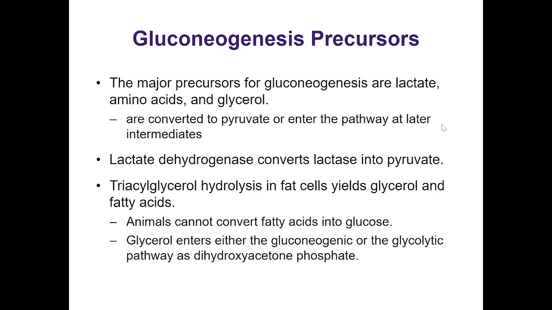Okay, so anyways, the major precursors for gluconeogenesis are going to be lactate, amino acids, and glycerol. These are going to be converted to pyruvate, or they can enter the pathway at later intermediates. Pyruvate is the traditional head of the river, the head of the pathway, okay?